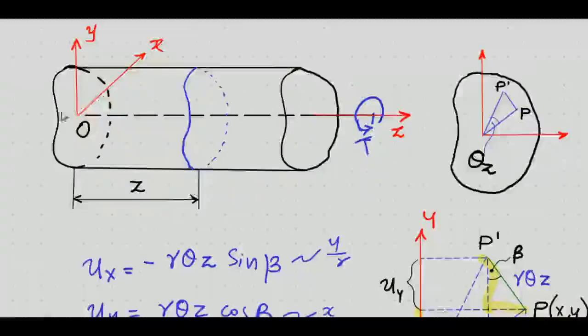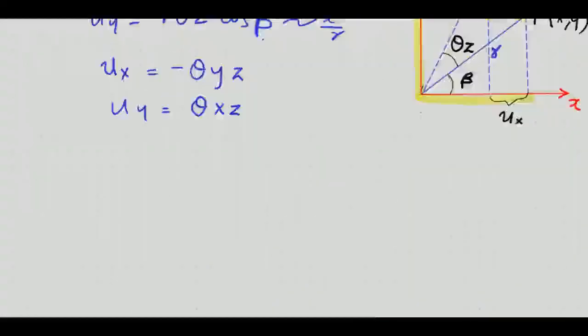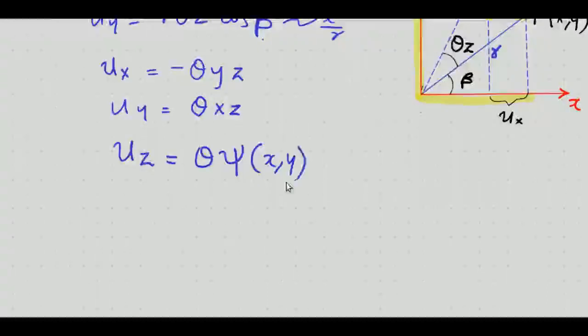Saint Venant assumed that warping is the same for any cross section. So uz, the deformation in the z direction due to warping, he assumed to be theta into psi of x y.